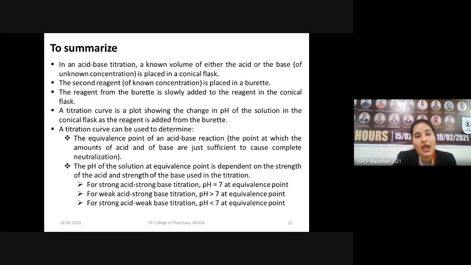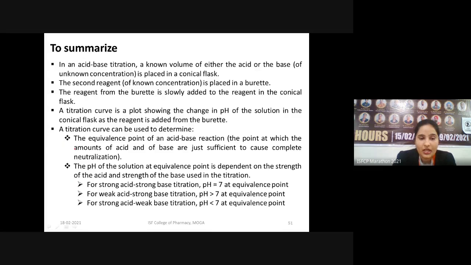The titration curve can be used to determine the most important point, the equivalence point of the acid-base titration. It is a particular point at which the amounts of acid and base are just sufficient to completely neutralize one another.